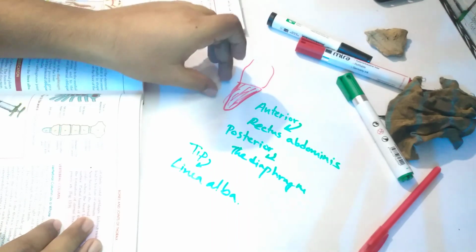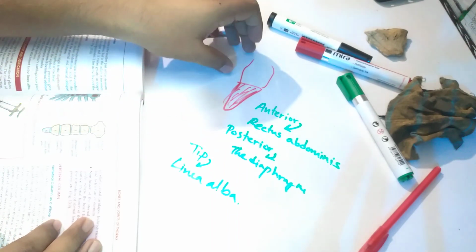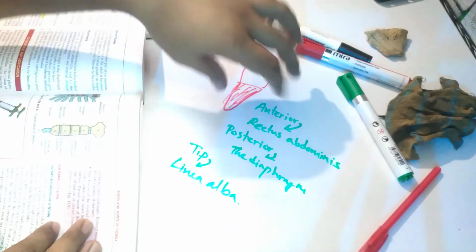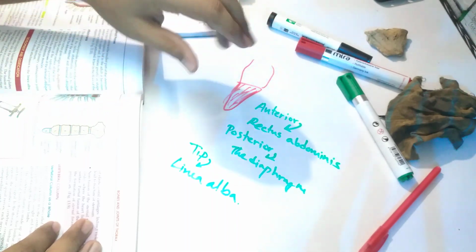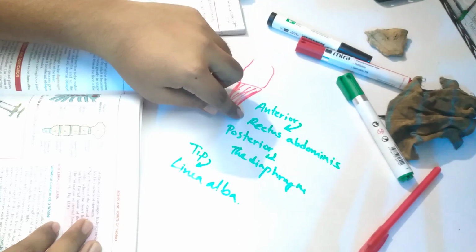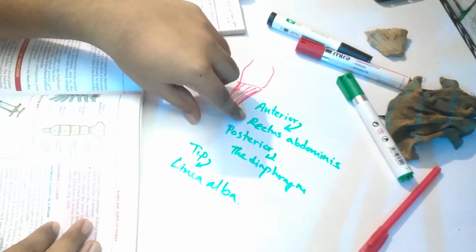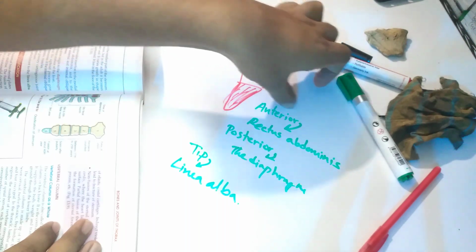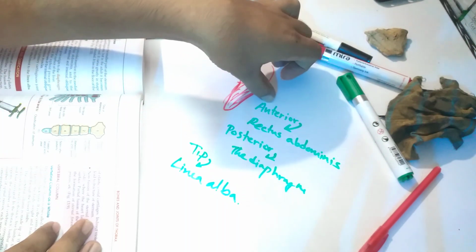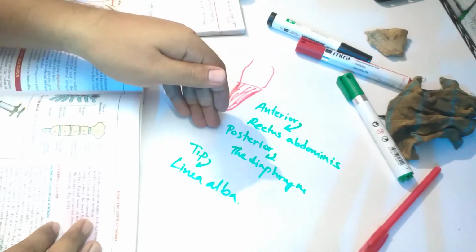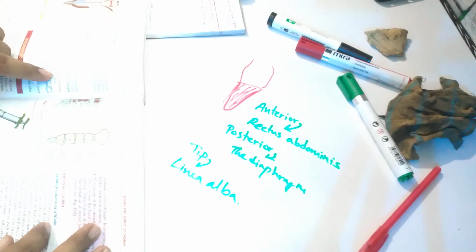This is the xiphoid process. The anterior surface of the xiphoid process has the attachment of the rectus abdominis muscle. In the posterior surface, it gives the origin to the diaphragm.